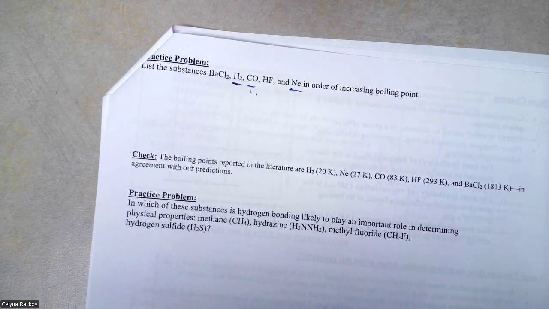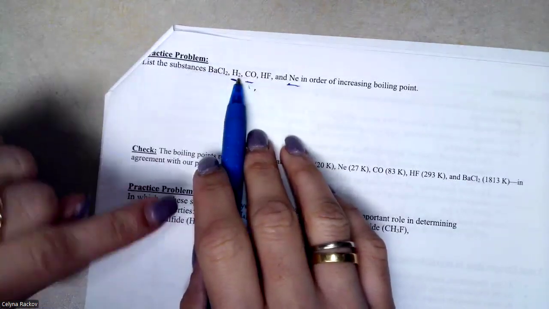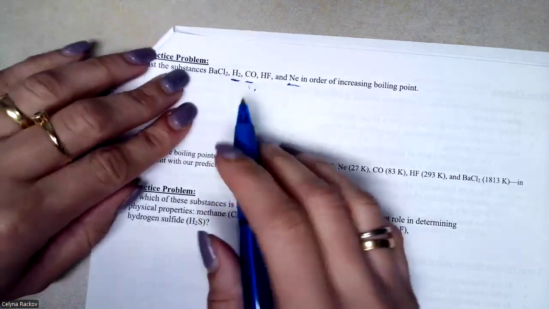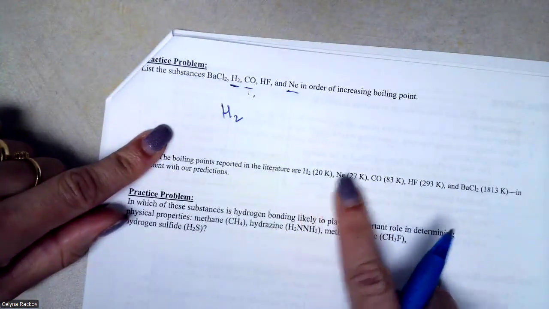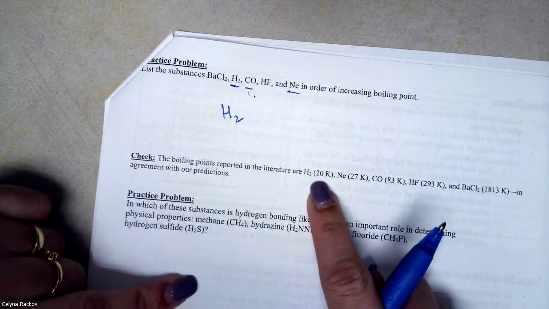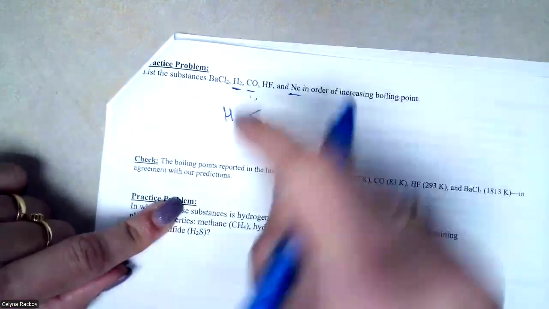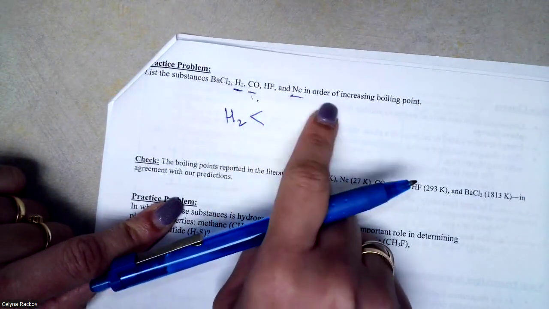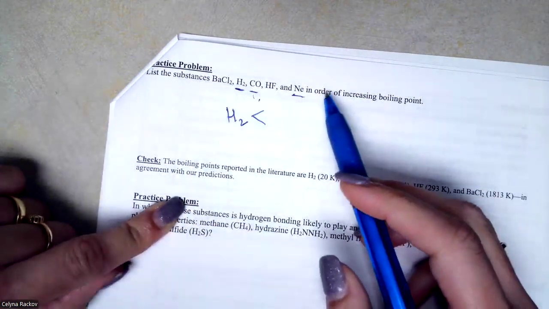Which one has the lowest boiling point? It's going to depend on size, right? Hydrogen is only 2 grams per mole, so hydrogen is the smallest one. So hydrogen has the lowest boiling point among the ones with only dispersion forces. Then the next one is neon.